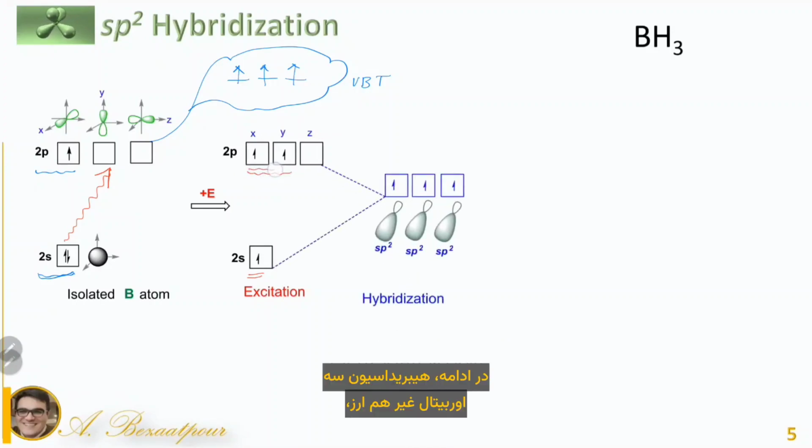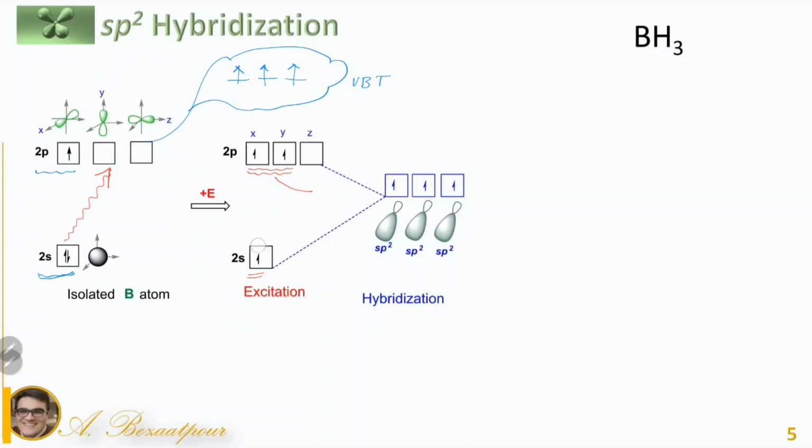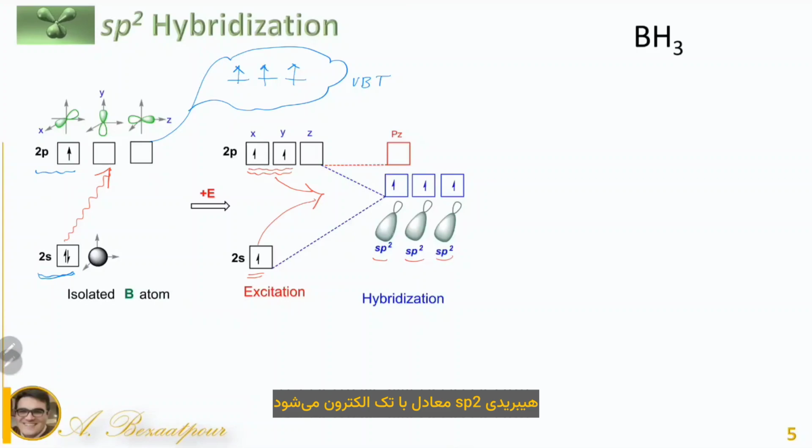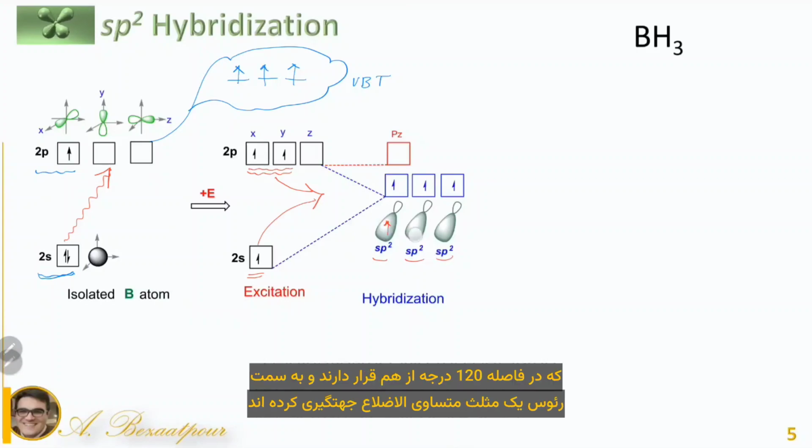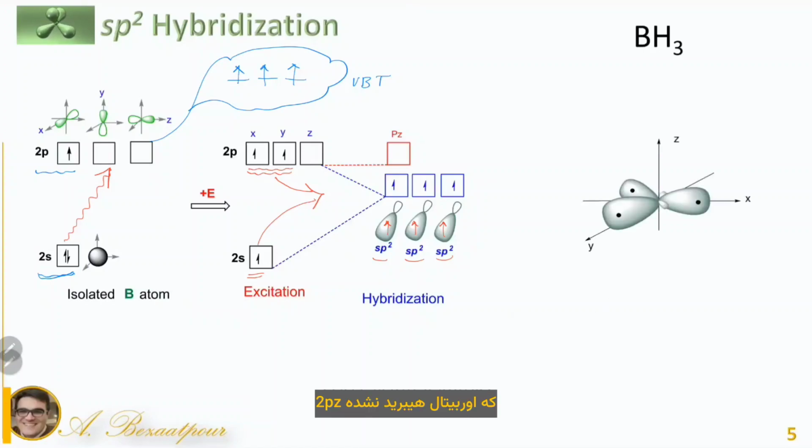In the following, the hybridization of 3 non-equivalent 2s, 2px, and 2py orbitals of boron give rise to 3 equivalent sp2 hybrid orbitals with single electron that lie 120 degrees apart that point toward the vertices of an equilateral triangle with the 2pz unhybridized orbital perpendicular to the triangle plane.